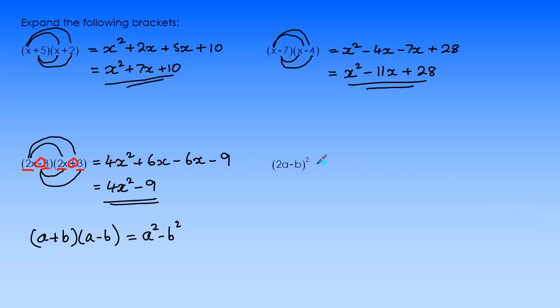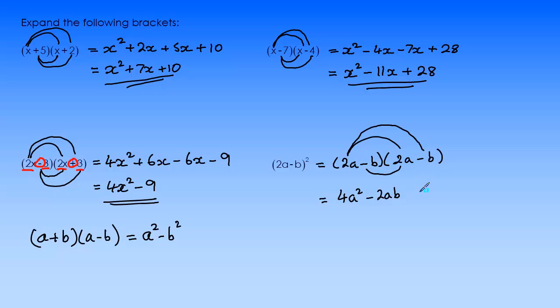Now we have 2a minus b all squared. Remember, when we square something, we're multiplying it by itself. So 2a multiplied by 2a is going to give me 4a squared. 2a times negative b is minus 2ab.